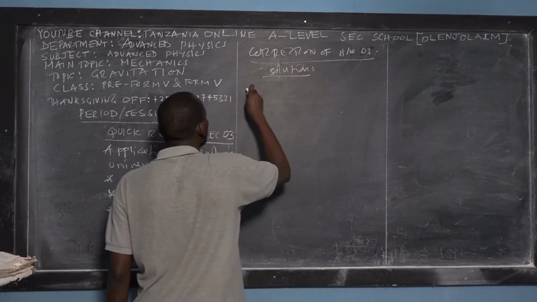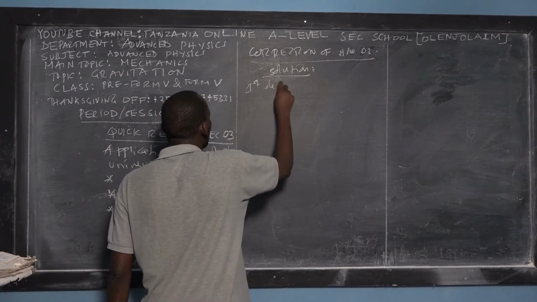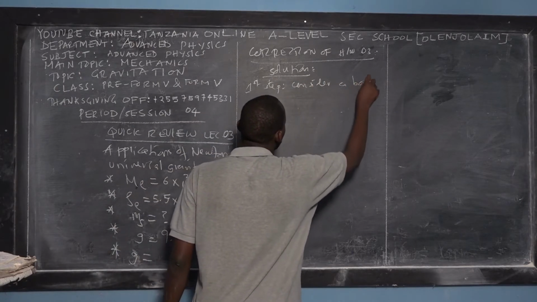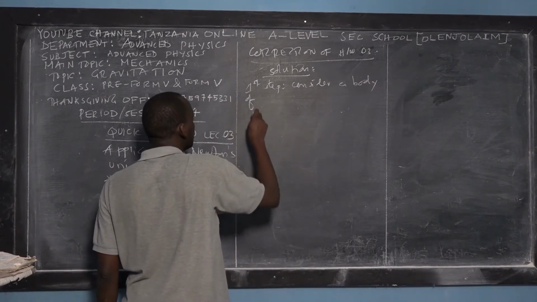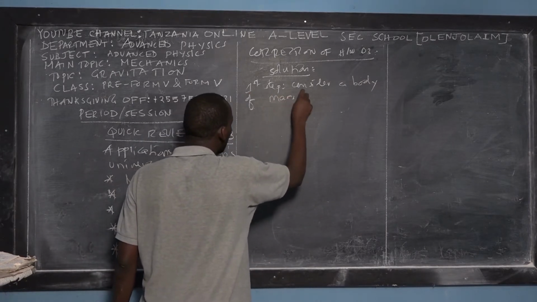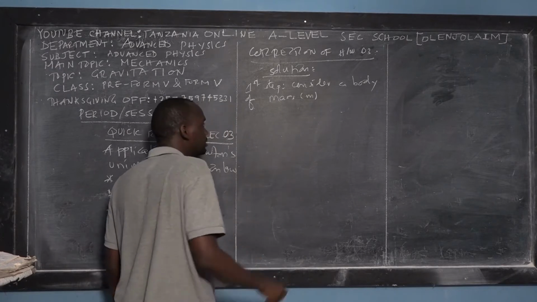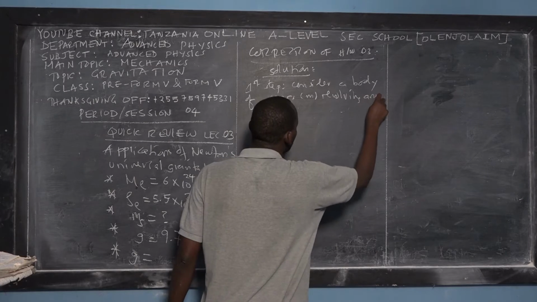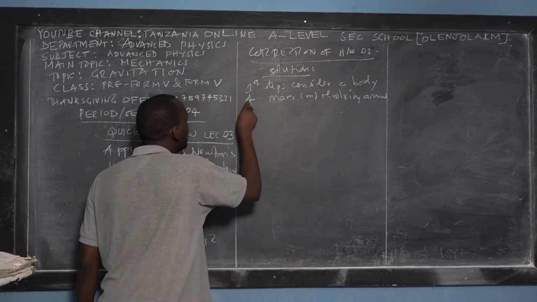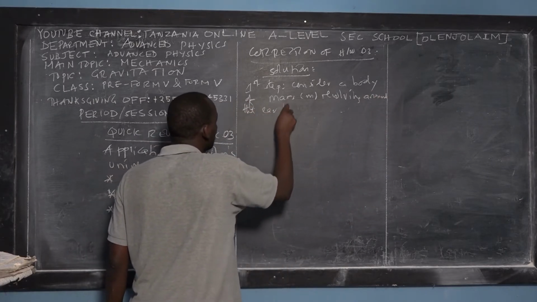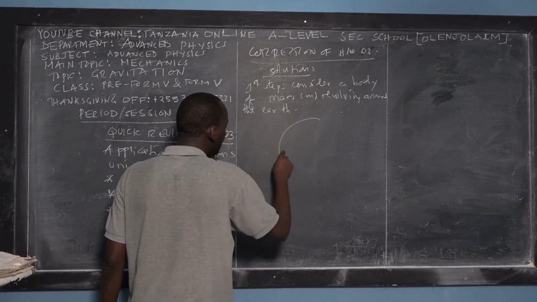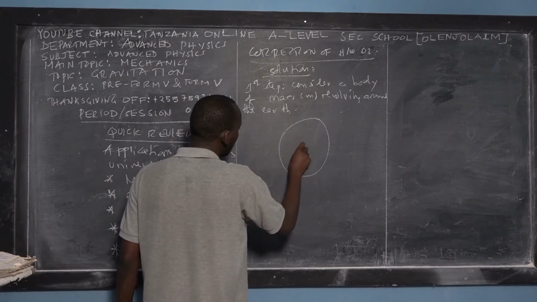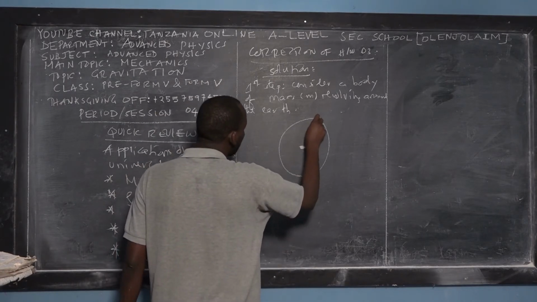The first step, we say that consider a body of mass m, and this body might be a planet revolving around the Earth. So this is a circular path, and this is the body revolving around the Earth.